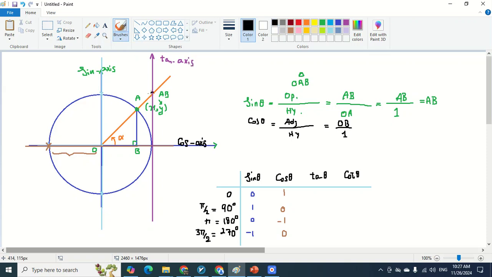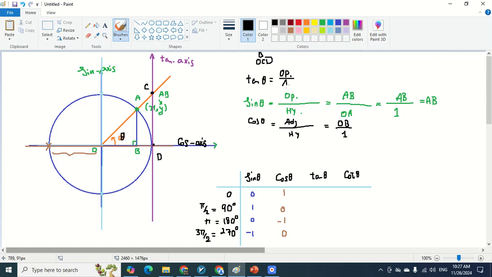Let us call the intersection point C and this point D. If you consider the tangent of theta in this bigger triangle, not OAB, I just use theta here and change the name of this angle to theta. In triangle OCD, the tangent is the opposite side over the adjacent side.